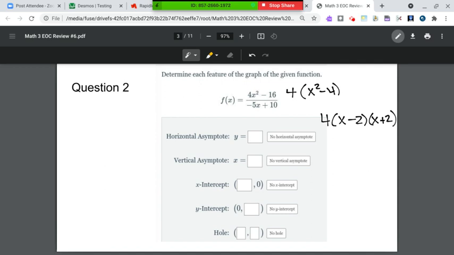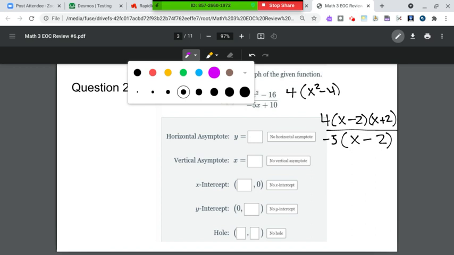At the bottom, you can pull out a -5. And on the inside would be x minus 2. Okay? Automatically, you see something cancels. What is it? A hole. Perfect.